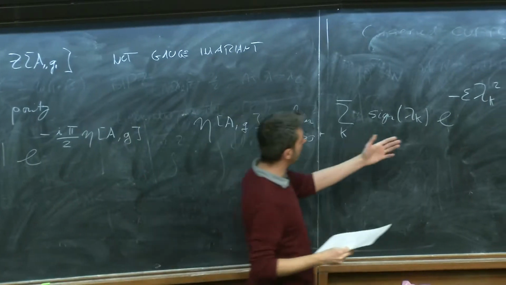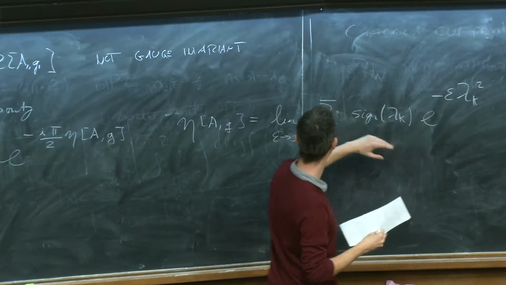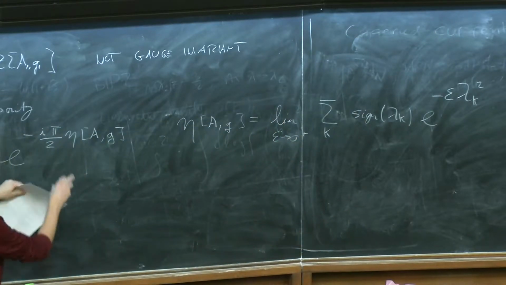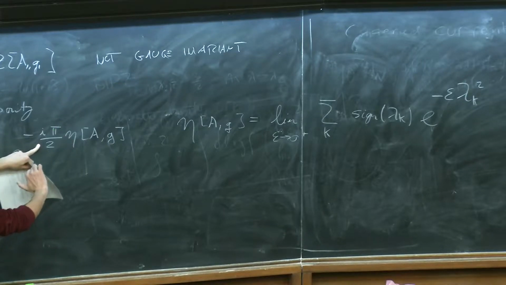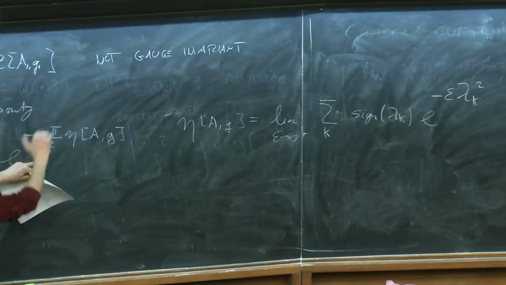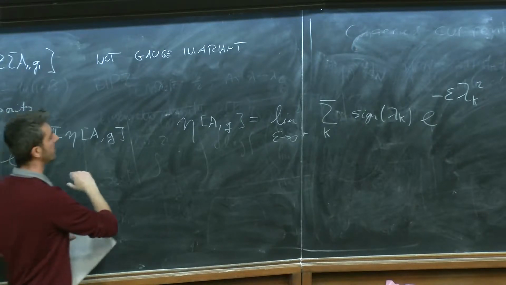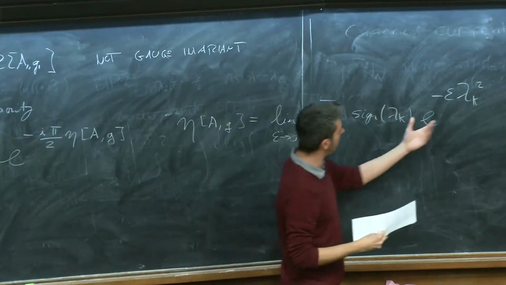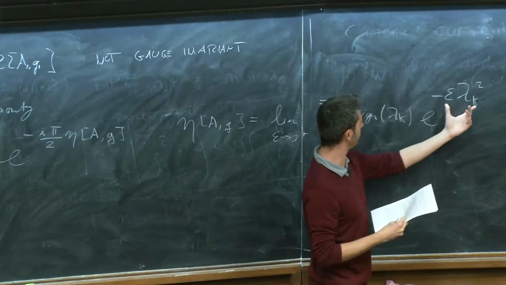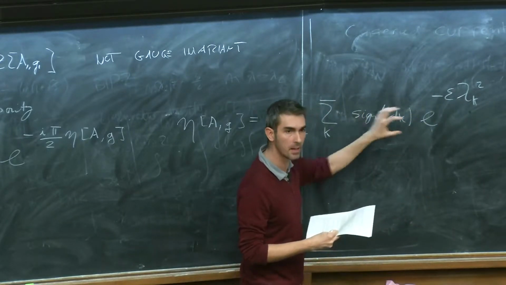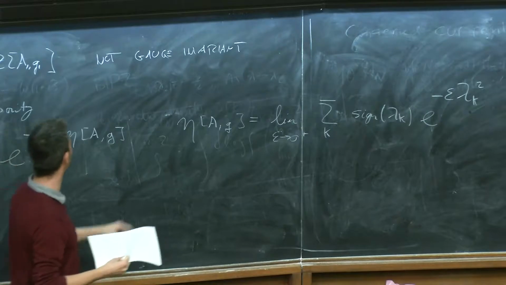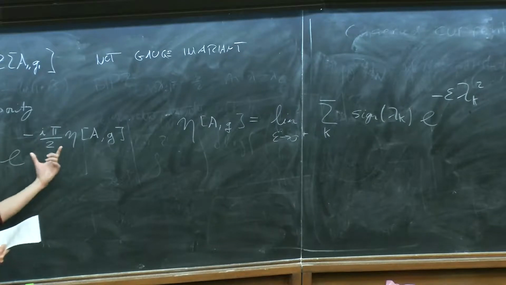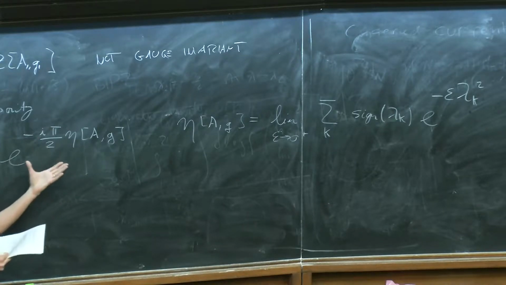So if we formally take epsilon equal to 0, this is not there, and this is either plus 1 or minus 1, and so put here, it means that it gives us either minus i or plus i. So it gives us opposite signs according to the sign of lambda_k, but now we regularize this object, we take the limit, and we get some well-defined object, which however is a generic phase. Okay, so this object is not equal to plus or minus 1. This is a generic phase.